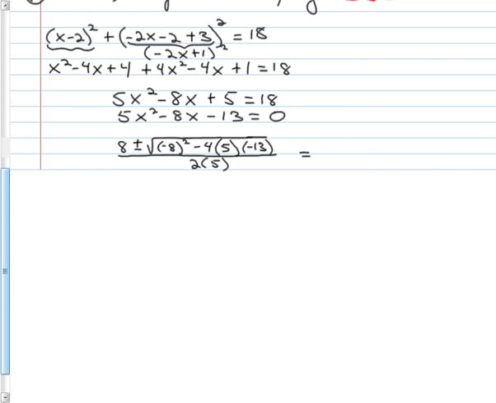Do the plus for me. Remember that you have to have parentheses around the numerator. You have to tell your calculator what's in the square root. And you have to have parentheses around the denominator unless you just want to call it 10, which is what I would do.